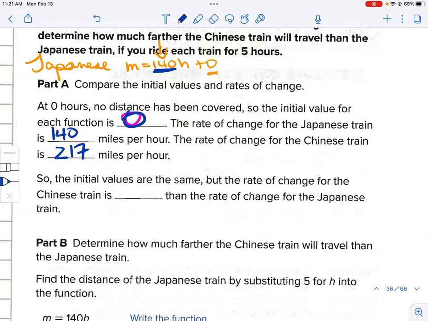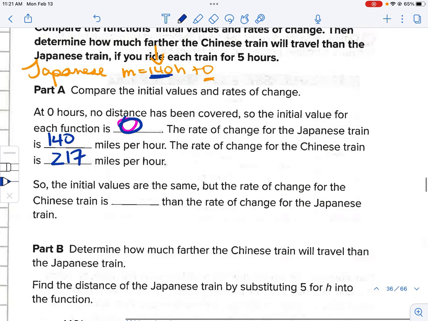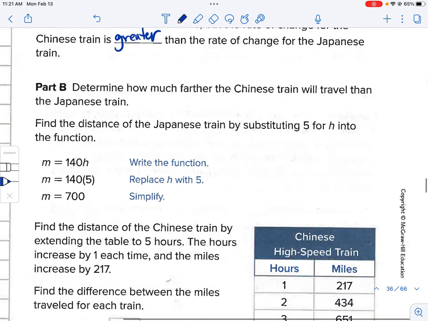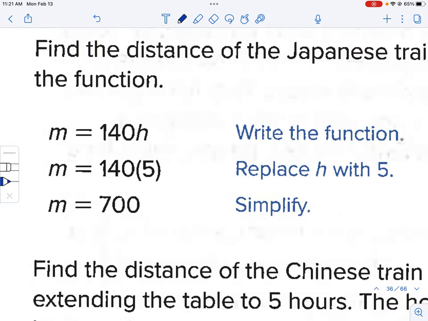So the initial values are the same, but the rate of change for the Chinese train is 217, the Japanese is 140, so it is greater than the rate of change for the Japanese train. Now, determine how much farther the Chinese train will travel than the Japanese train. Well, first of all, we have to figure it out for 5 hours for both of them. So I would plug it in, replace the hours with 5, and get 700 miles.